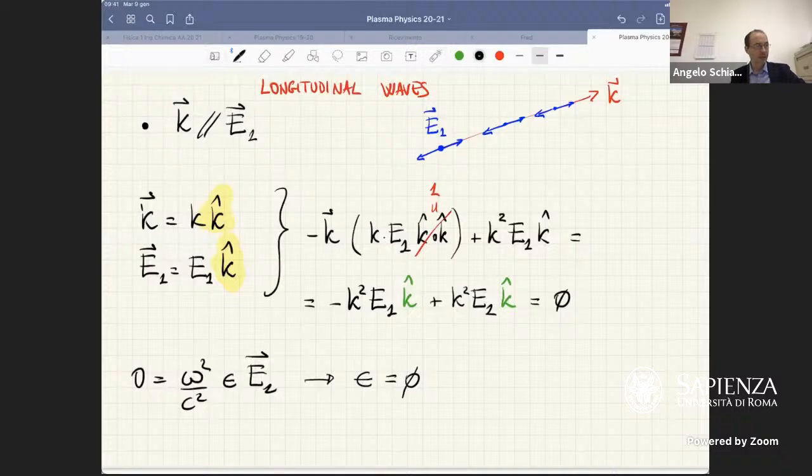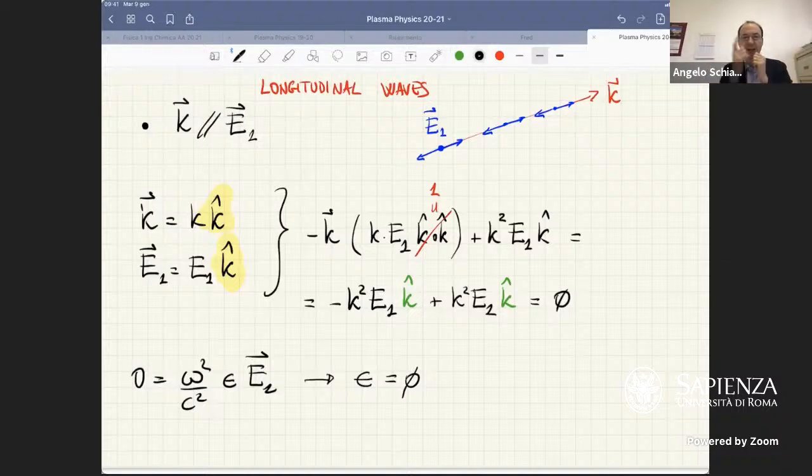Okay, so we are now ready to solve these two cases, the longitudinal and transverse waves, and we'll start with longitudinal waves in plasma. We'll look for two kinds of longitudinal waves in our course, the electrostatic waves and ionostatic waves. So the ones that take as a partner the electric field and, respectively, the electrons or the ions.